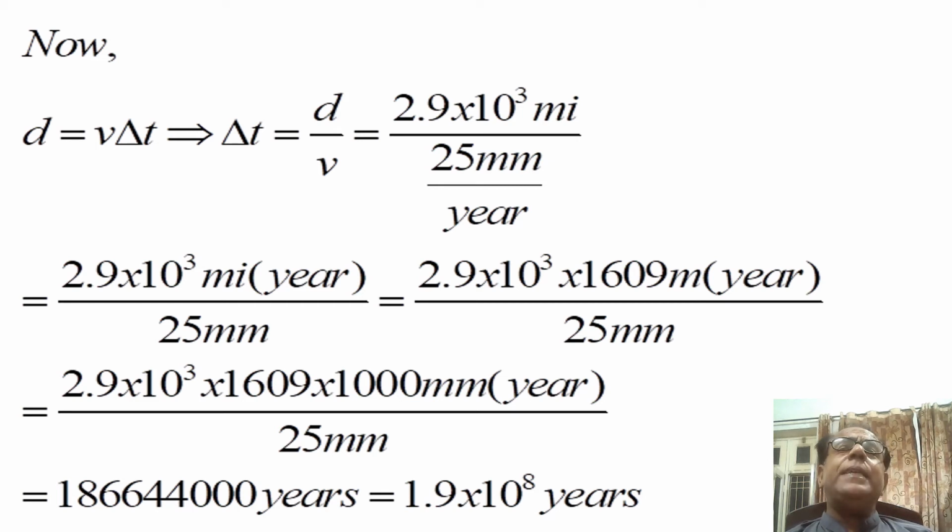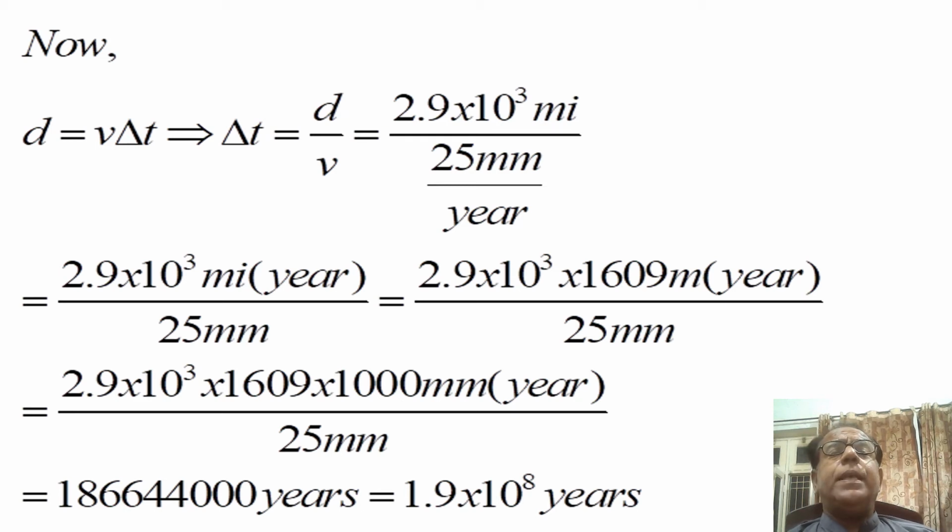That is why D over V equal to 2.9 times 10 raised to the power 3 mile over 25 millimeter over year has become alternatively equal to 2.9 times 10 raised to the power 3 mile times year divided by 25 millimeter.